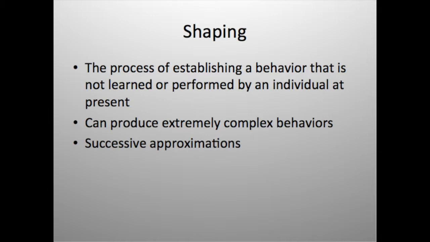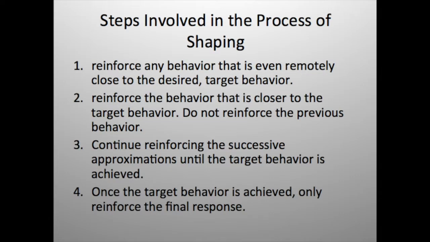There are a few steps involved in the process of shaping. For starters, reinforce any behavior that is even remotely close to the desired target behavior. Next step, reinforce the behavior that is closer to the target behavior. Also, you shouldn't reinforce the previous behavior. Keep reinforcing the behaviors that resemble the target behavior even more closely, and then continue reinforcing the successive approximations until the target behavior is eventually achieved.